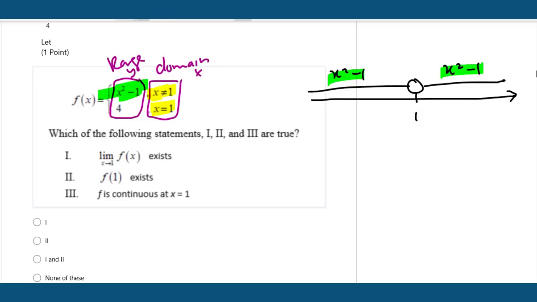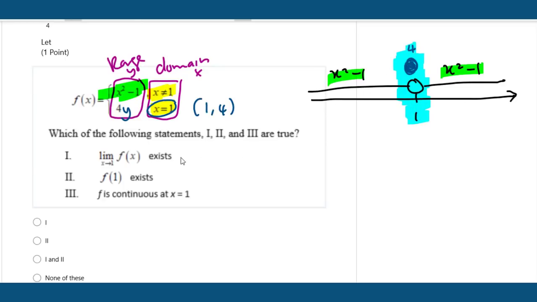Then when x is equal to 1, y is equal to 4. One coordinate, one point. So when x is equal to 1, here is just a point. Now, we need to consider here when x is equal to 1. Check.